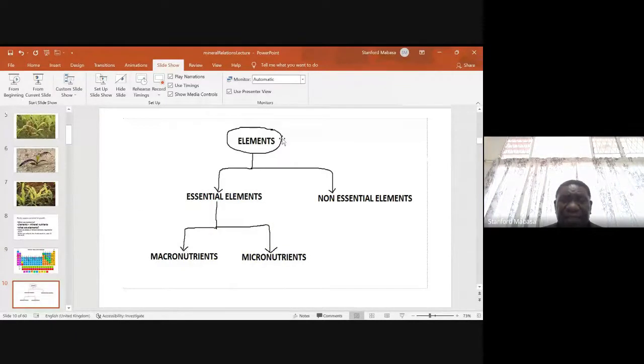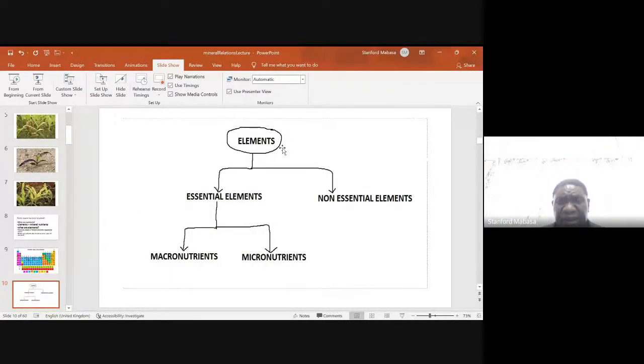So basically, if we have elements like those represented by the periodic table, we can divide them into two groups. One, essential elements, and non-essential elements. We are not going to worry about non-essential elements.